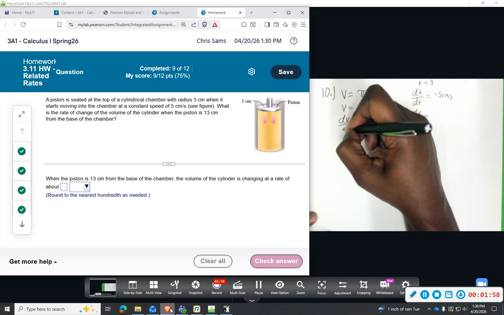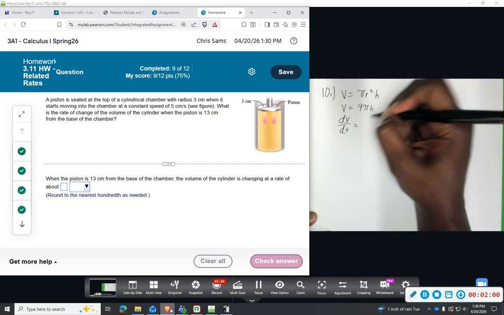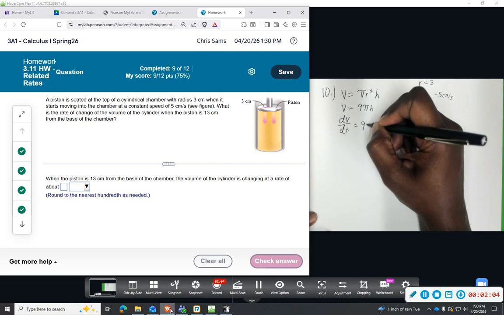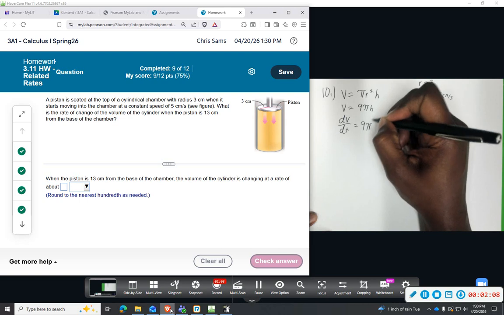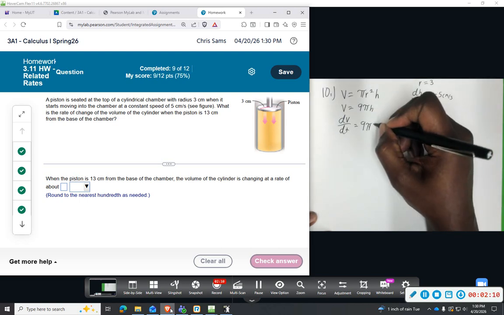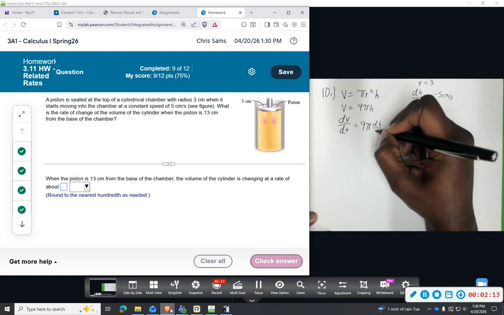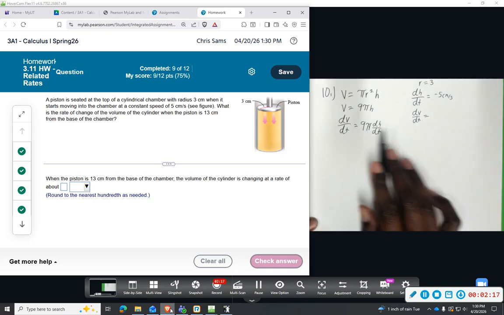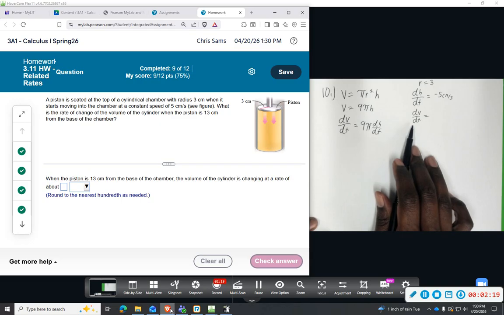dV dt. This is a constant, so it's going to be 9 pi, and then the derivative of h is going to be dH dt. And all we have to do is plug in the height.